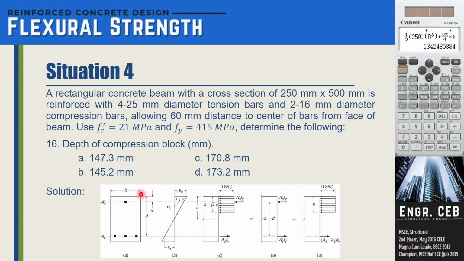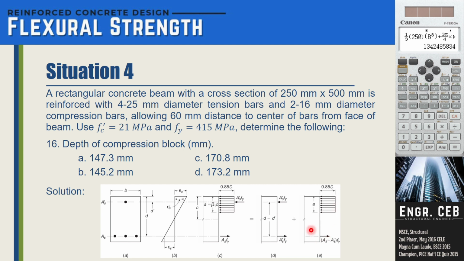For doubly reinforced section, we are considering an additional compression reinforcement in determining the strength of the beam. And then, when determining the moment capacity, we just add the couple created by the compression reinforcement to the initial couple created by the force in the concrete and the tension steel.